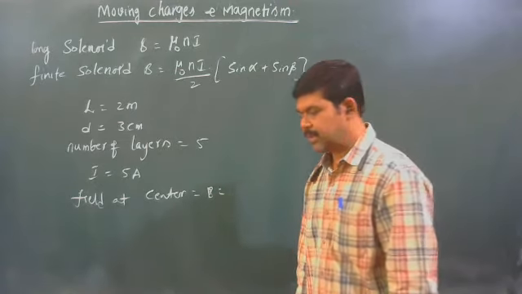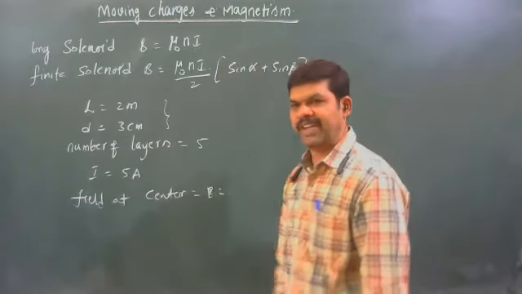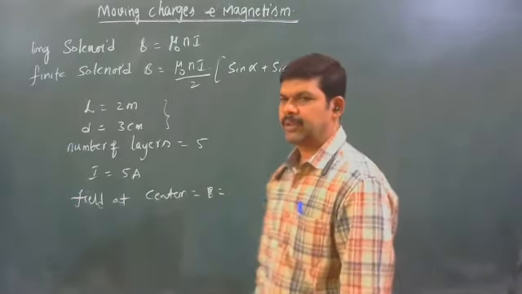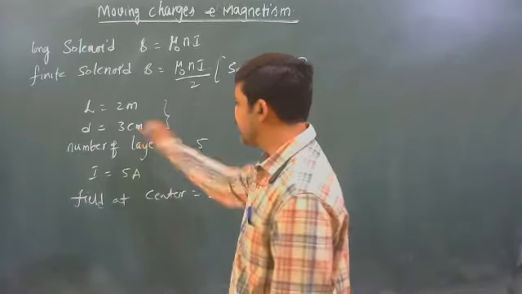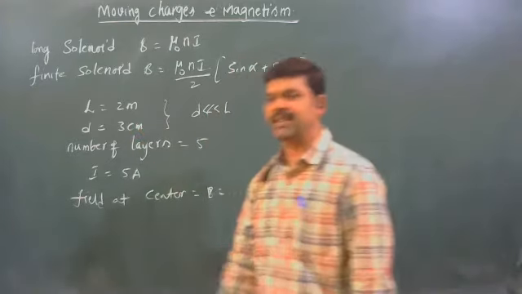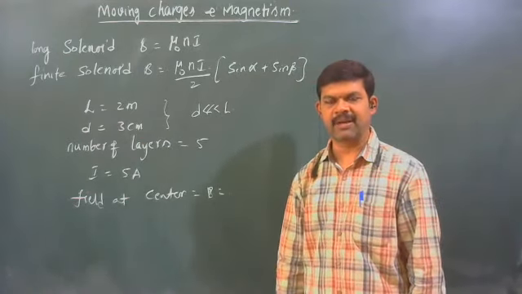You need to identify from these two values whether it is a finite one or infinite one. Almost infinite. Whenever diameter is much less than length, it is considered as an infinite one. Long.